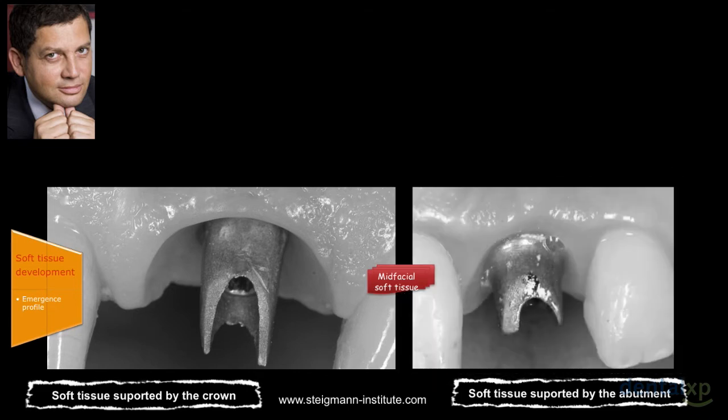Now, with the help of CAD/CAM material or modified stock abutments, the soft tissue support is almost entirely given by the abutment, which has more advantages, like having the gap between the crown and the abutment at a more coronal level, which makes removing the excess of cement easier.